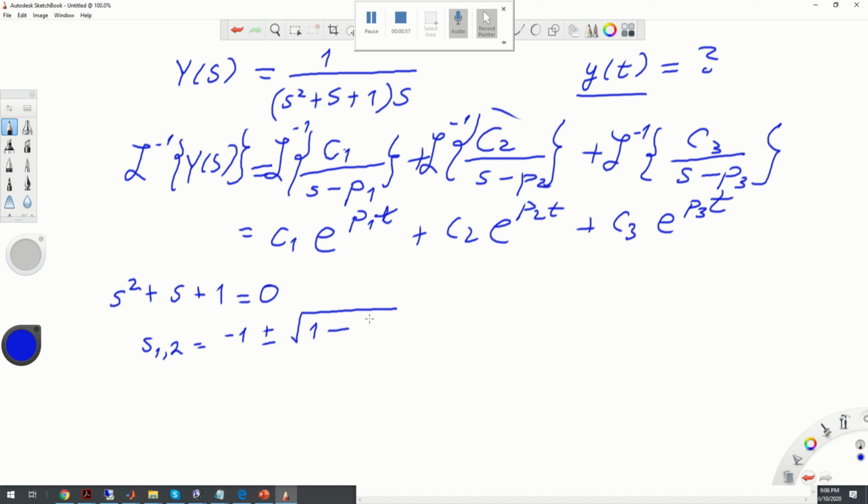This is B squared minus 4AC, right? A is 1, C is 1, over 2. So the zeros are minus 1/2 plus minus square root of 3 over 2 multiplying the imaginary unit.